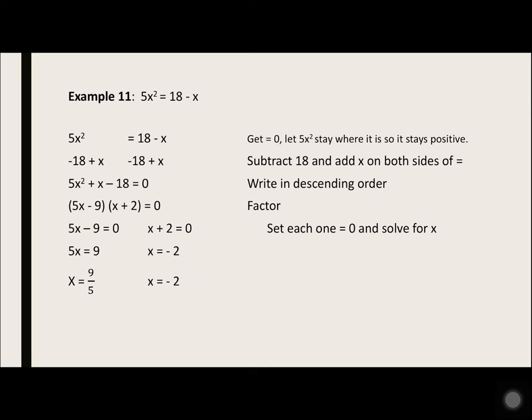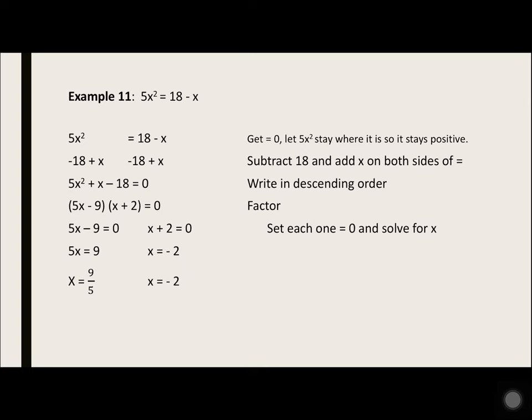On that right side, 18 minus 18 and negative x plus x gives me 0 on the right. Now on the left side, I don't have any like terms. 5x squared, 18, x, nothing's a like term, but put it in descending order. So that means the 5x squared plus x minus 18 is the correct order.